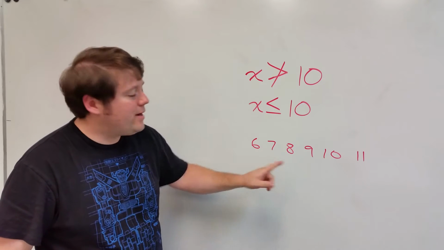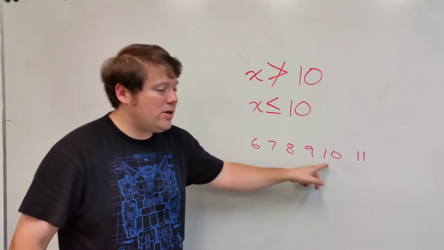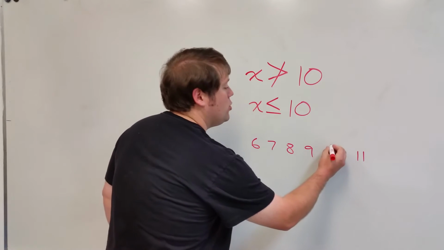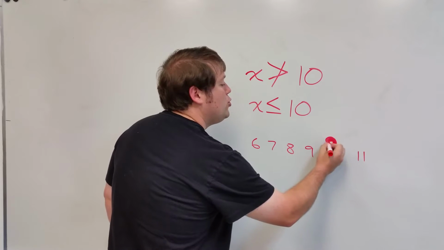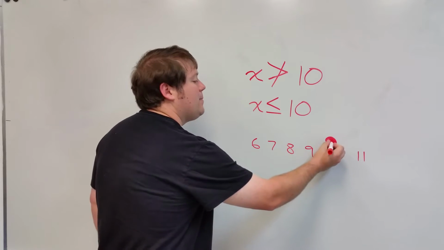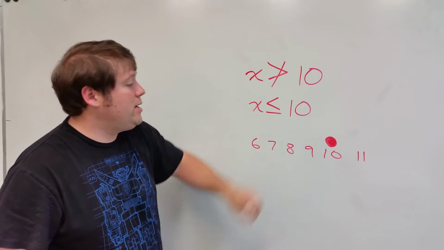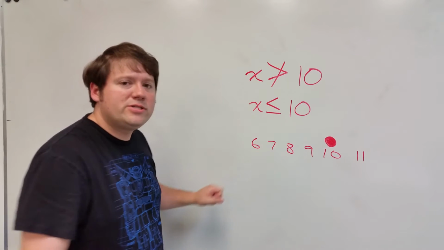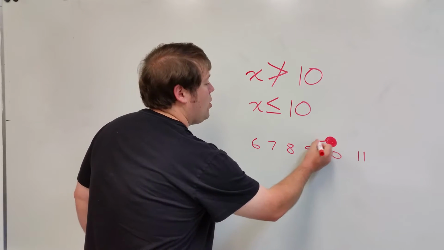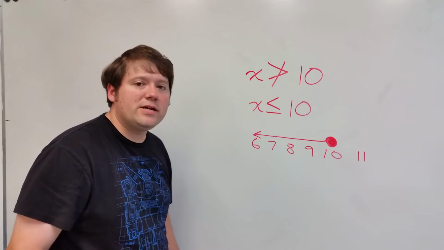So on my number line, I'm going to start with 10. And since it could be equal to, I'm going to use a closed dot. And remember, that shows that I am including 10 as a possible value for x, because x could be equal to 10. And then I'm also going to include all the numbers less than 10. So all the numbers to the left are all less than 10.